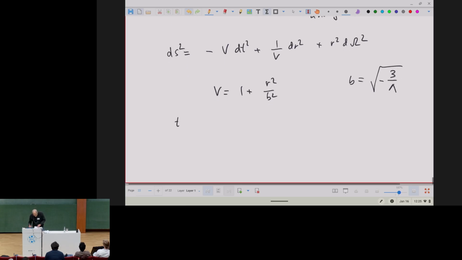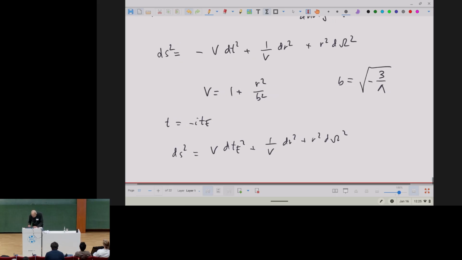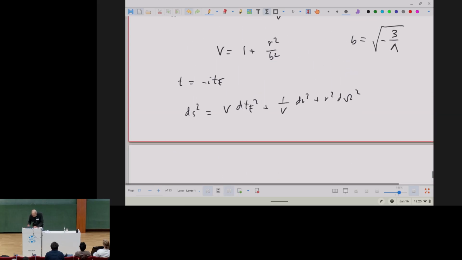And again, we can let t be minus i t_E, and then we get a Euclidean signature version. And here, you see that V is positive everywhere because of the 1.